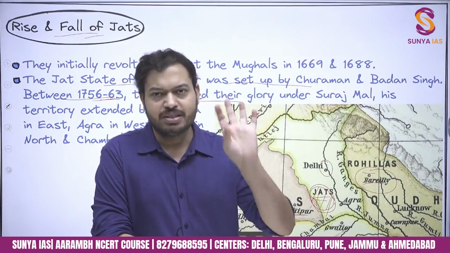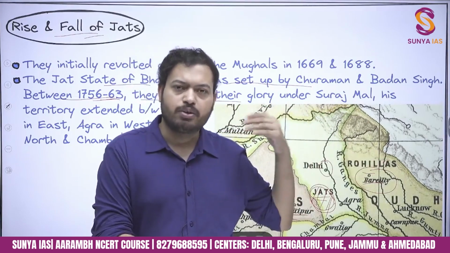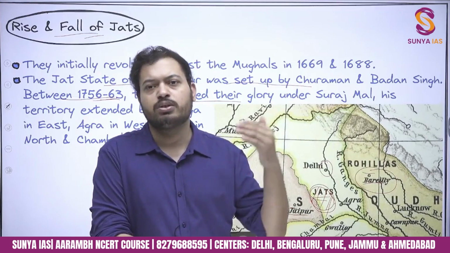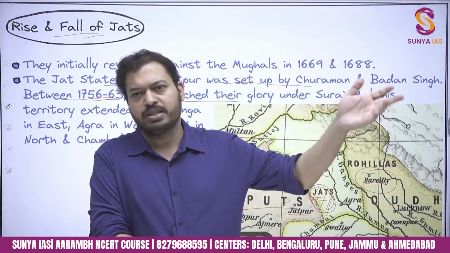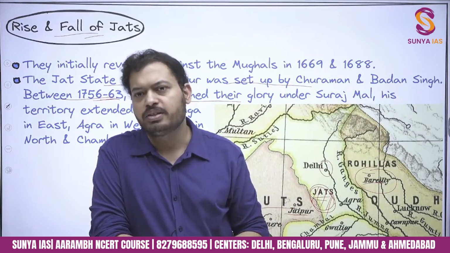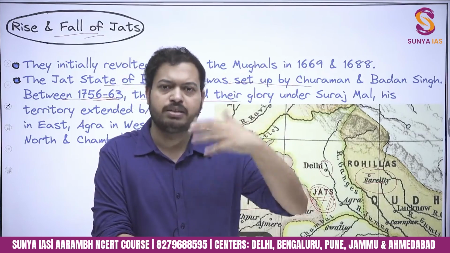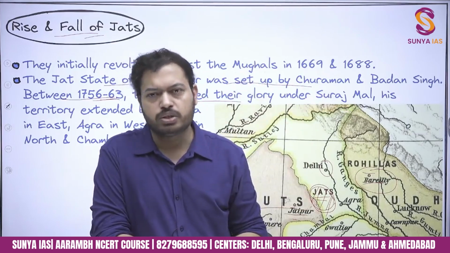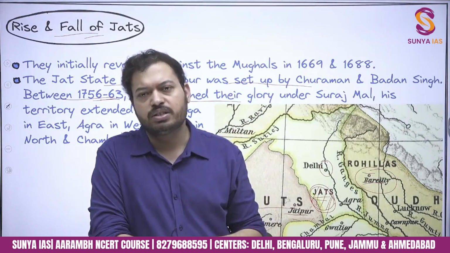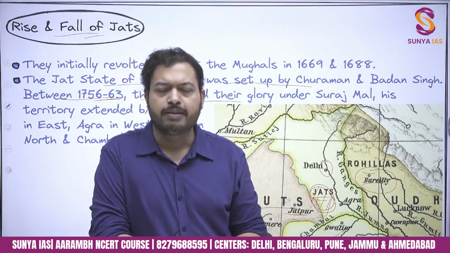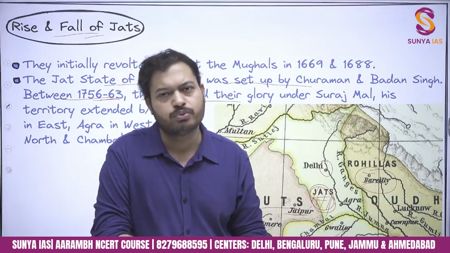Because once Nadir Shah left Delhi, not only Delhi but also Agra, the Jats also took their chances and actually raided the towns in Delhi and Agra both. A very famous story is that there were silver doors outside the Taj Mahal and Jats took them. Those things happened, and the riches which the Jats got from there were invested in the making of Bharatpur, which then excelled in the time of Surajmal.